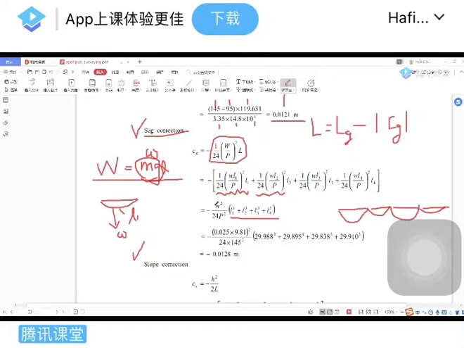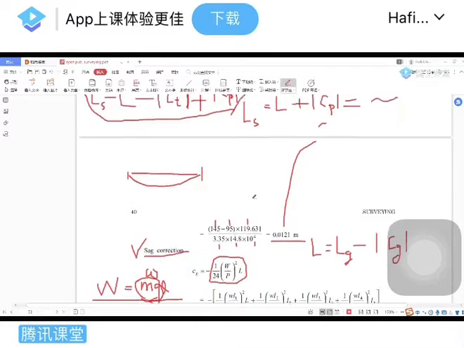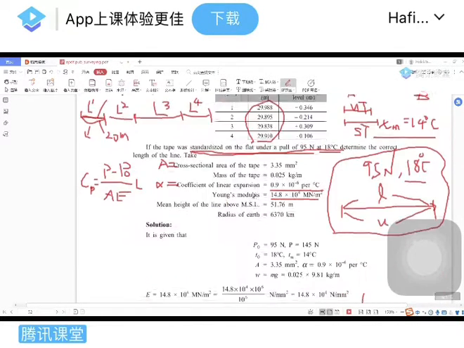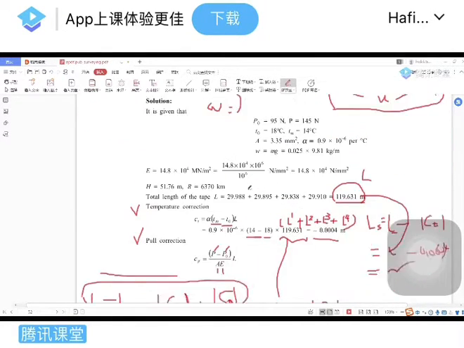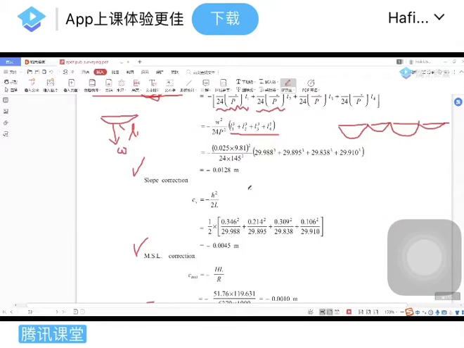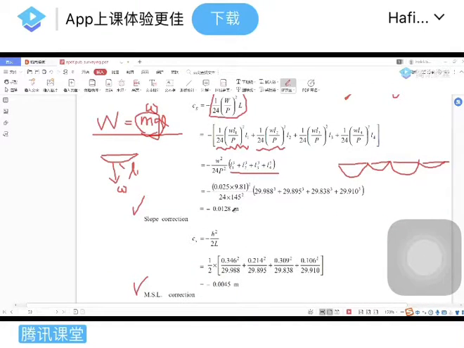Let's find out the omega. Omega is the mass over here. This is your mass. So omega basically is mass times your gravity. Mass means it is independent of gravity. So you have your mass over here times your gravity.